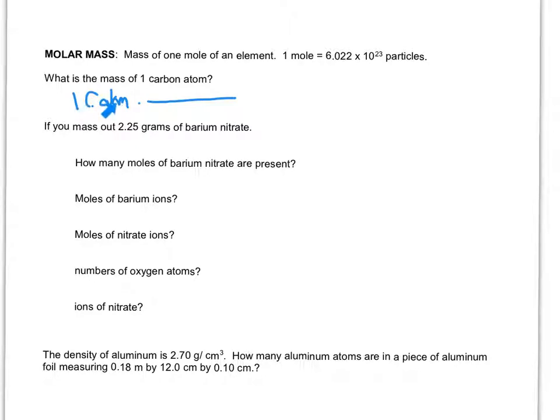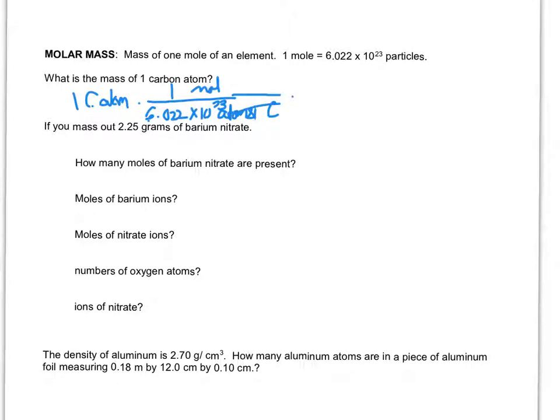So I'm going to start with one carbon atom. On the bottom, I want to put the same units, so a carbon atom. On top, I will put moles. 1 mole is 6.022 times 10 to the 23rd atoms.